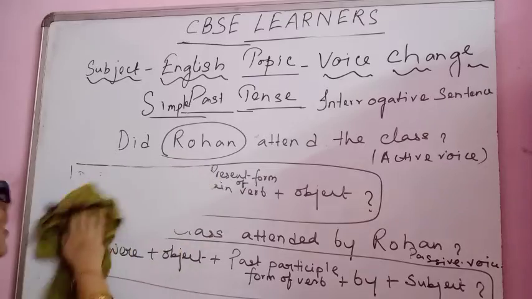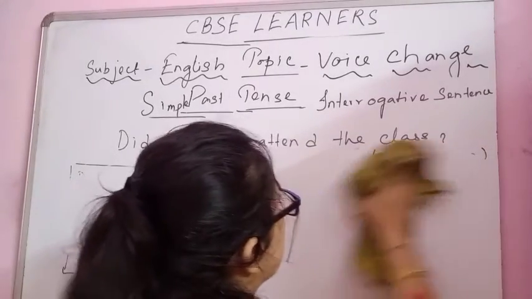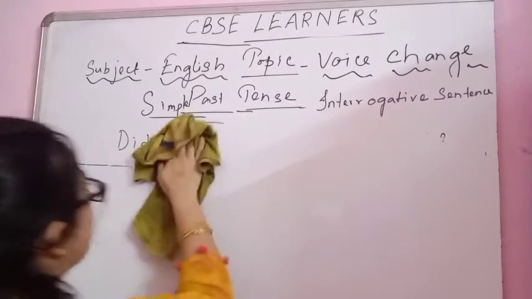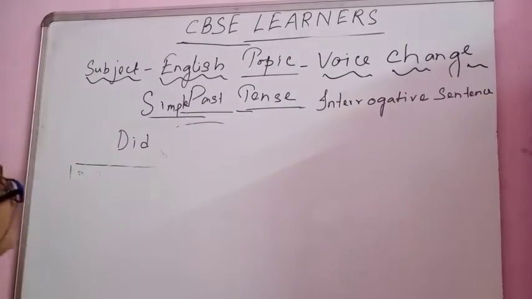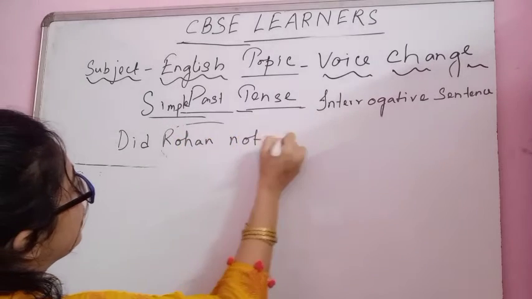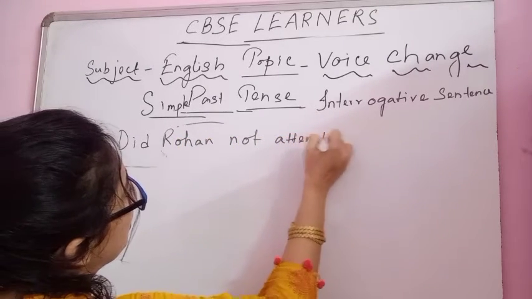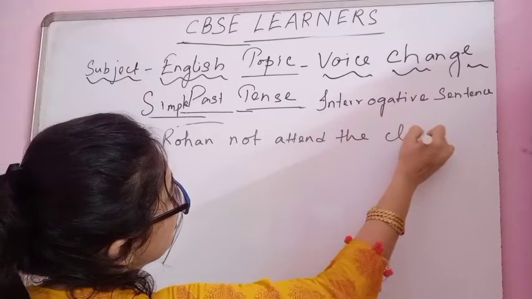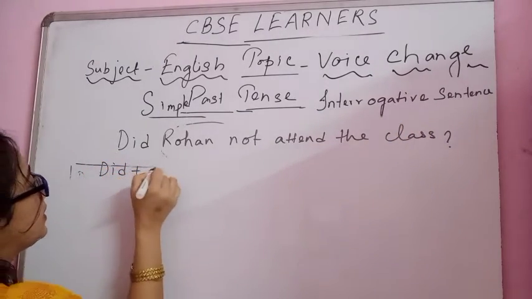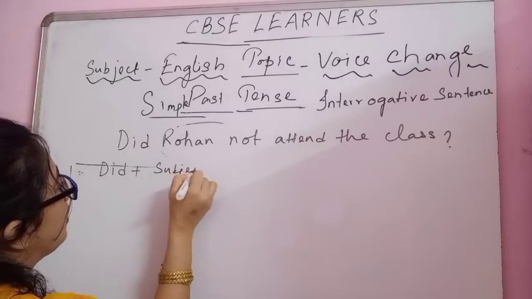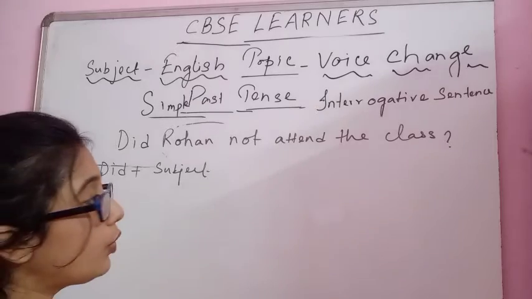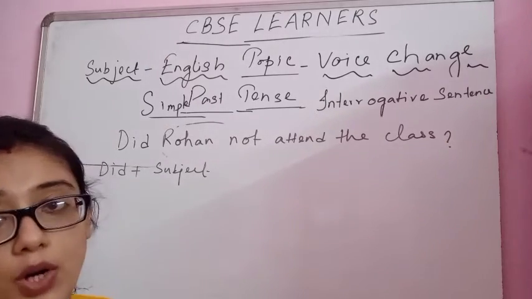So I am erasing this one, just I will be using the not with the same sentence. Did Rohan not attend the class, with a question mark? So it will be did plus subject, or you can use here also didn't. Okay, so it depends on you how you want to pronounce or how you want to say.